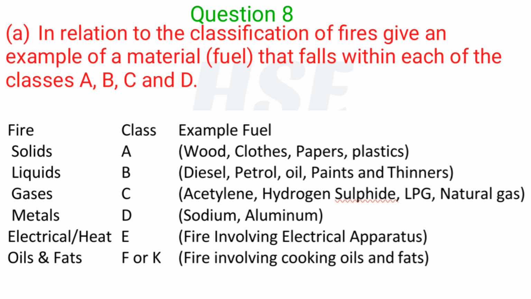Liquids: B. Diesel, petrol, oil, paints and thinners. Gases: C. Acetylene, hydrogen sulfide, LPG, natural gas. Metals: D. Sodium, aluminum. Electrical: fire involving electrical apparatus. F: fire involving cooking oils and fats.